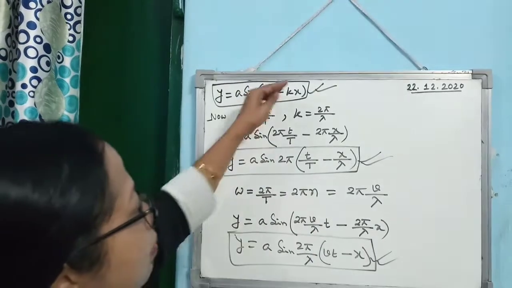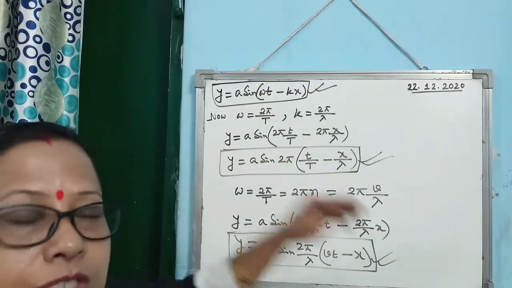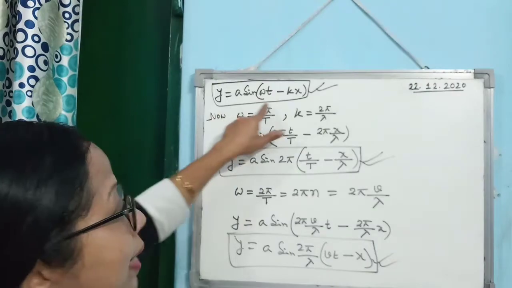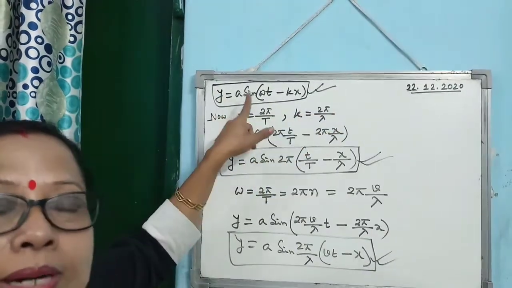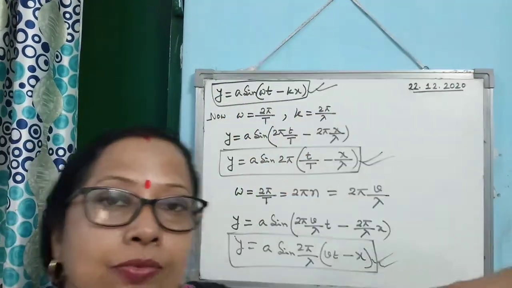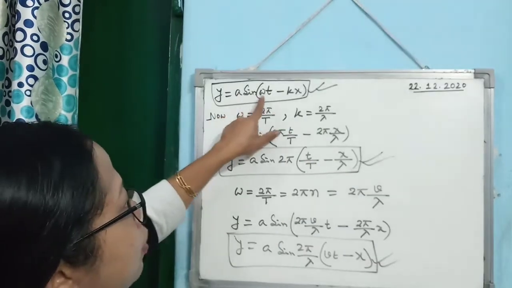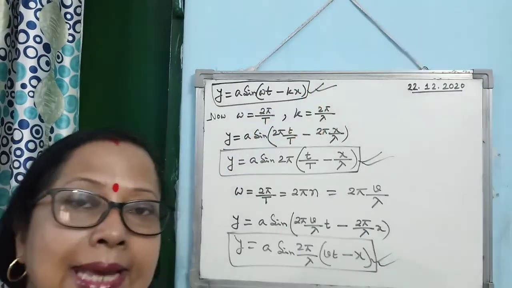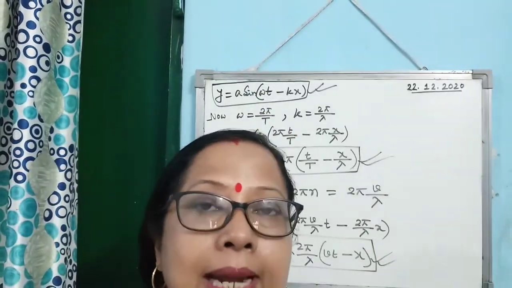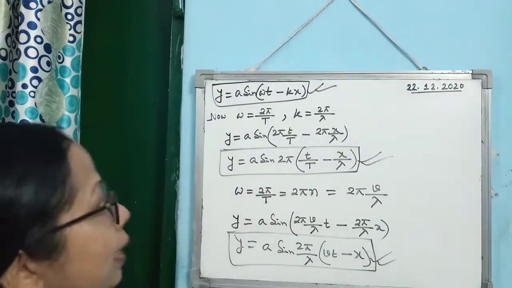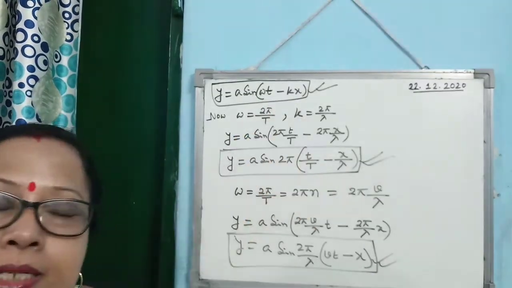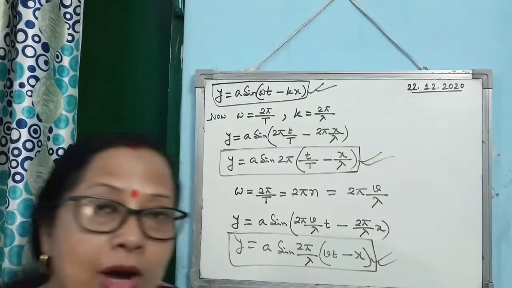So those who are unable to remember all three, my suggestion is to remember the basic one, the equation of a progressive wave, given by A sine omega t minus kx. K has only one expression, 2 pi by lambda, but omega, depending on the information given, you can write in different forms.